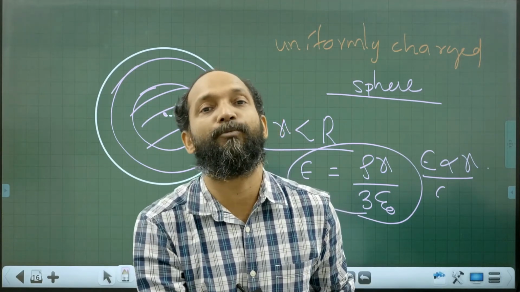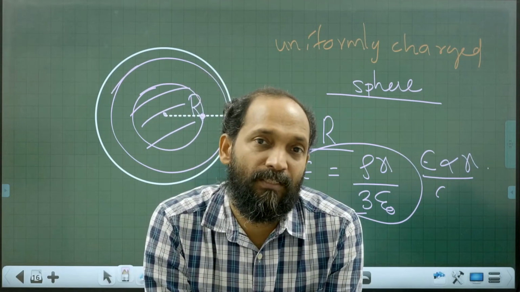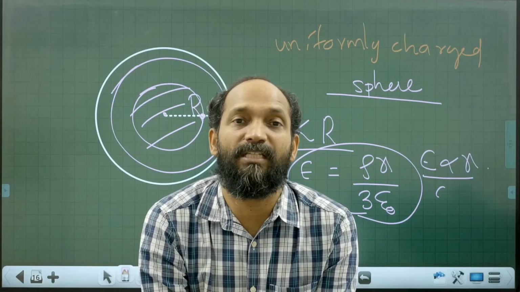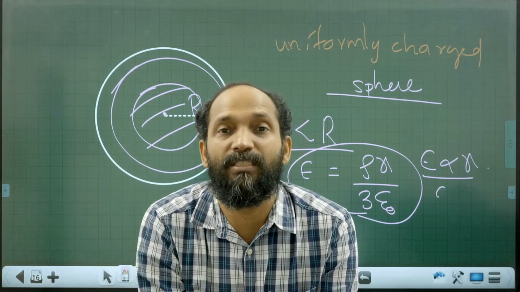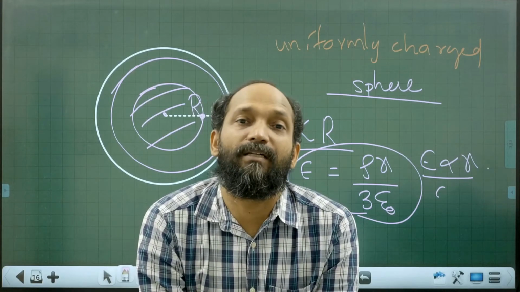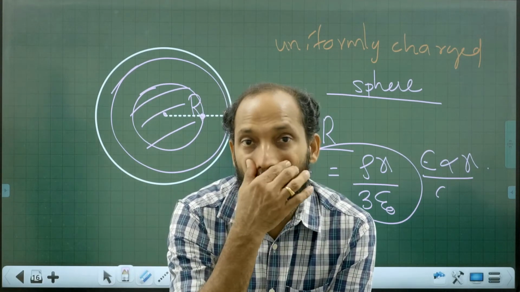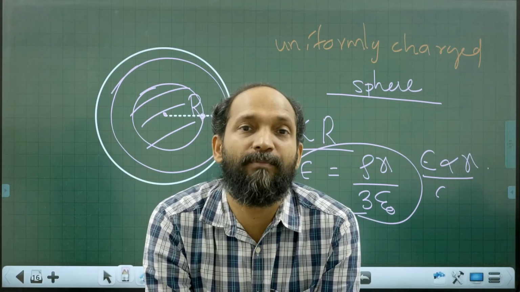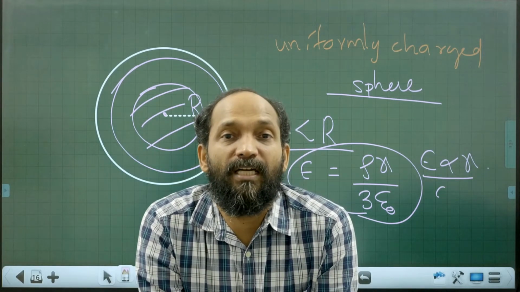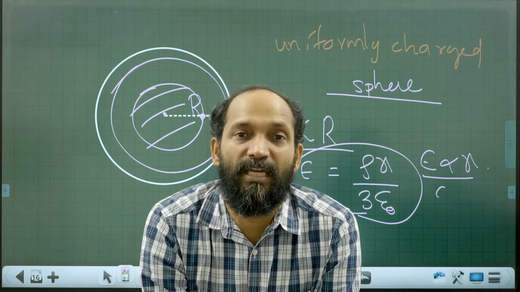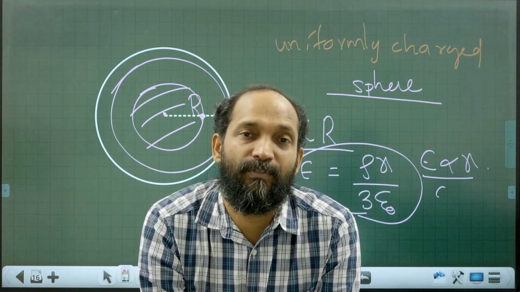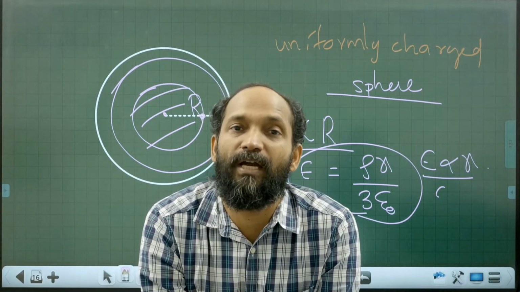This is the phenomenon of shielding. Due to this shielding effect only, it is less likely to have an electric shock while being seated in a closed car with a metallic body, as the field inside is zero. That is electrostatic shielding. Faraday's cage is another very popular illustration for shielding.